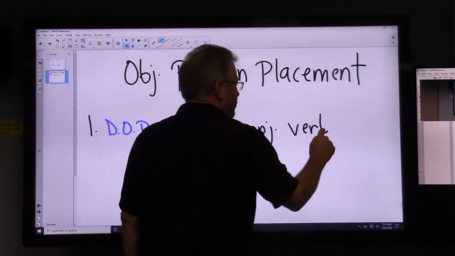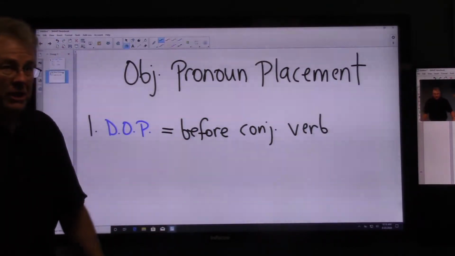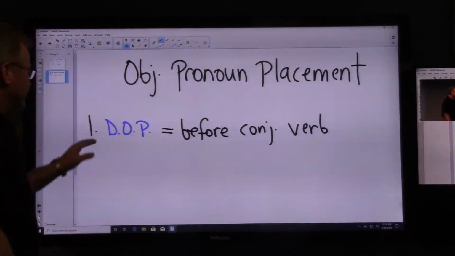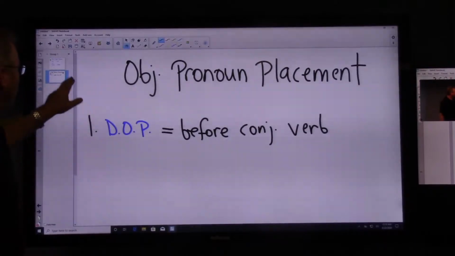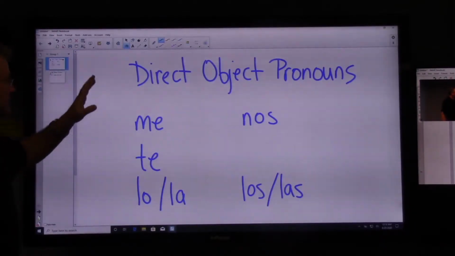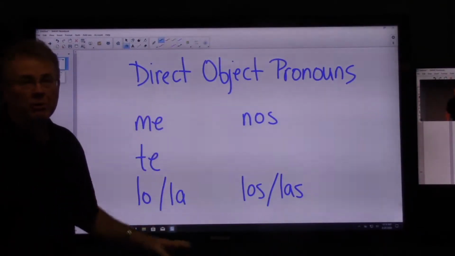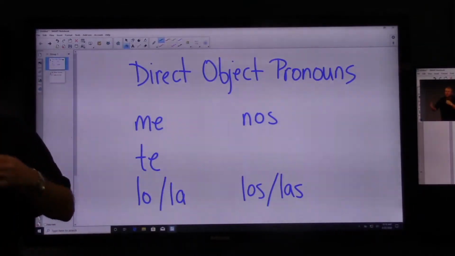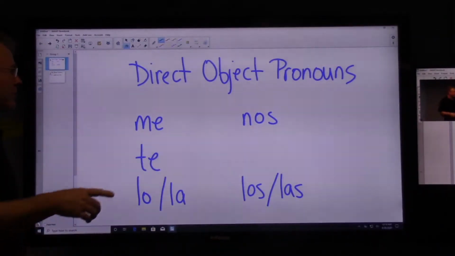Okay? Don't just say before the verb. It's got to go before the conjugated verb. That was the rule. I want you to remember that rule. We're going to come back to it in a minute. So placing these direct object pronouns, they would go before the conjugated verb.